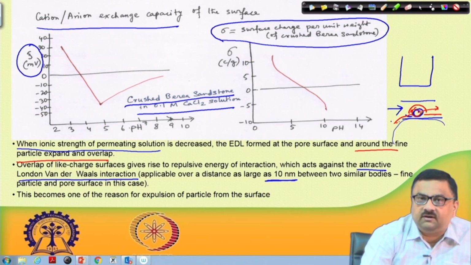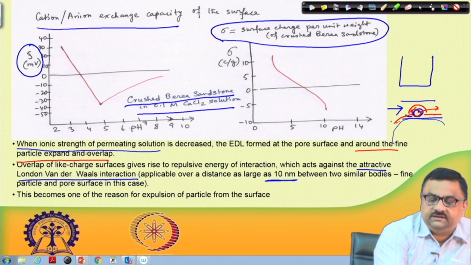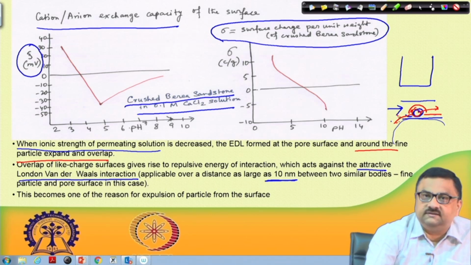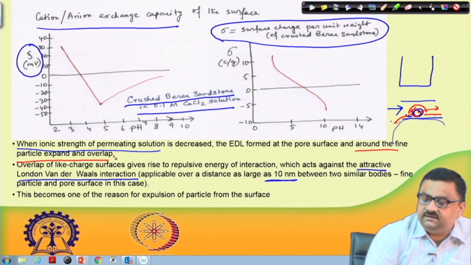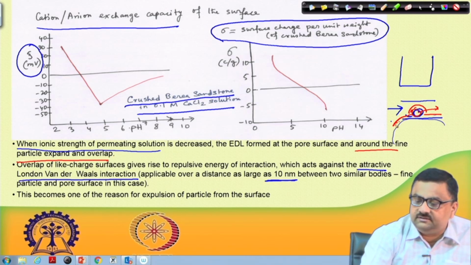This whole process happens because of the electric double layer formation, and the electric double layer forms because the ionic strength of the permeating solution is decreased. And what is the measure of it? The zeta potential. The zeta potential tells you what kind of potential was developed at the wall because of the permeating solution and wall combination.